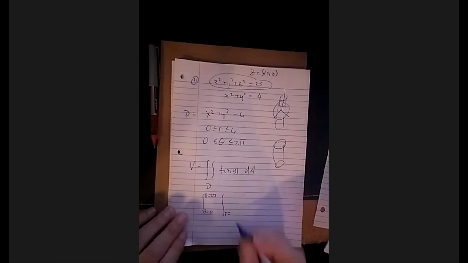Remember the r dr dθ? We good? Now, what are we going to do with this fun thing? I've seen something really nice. Can I do this as a split?